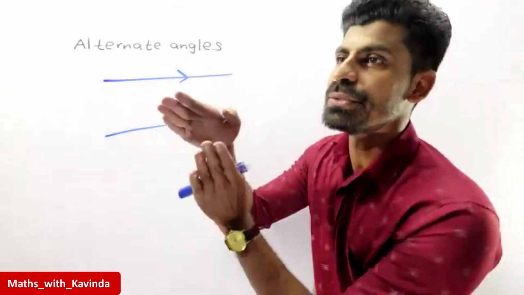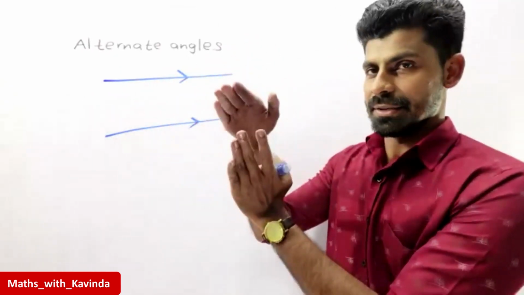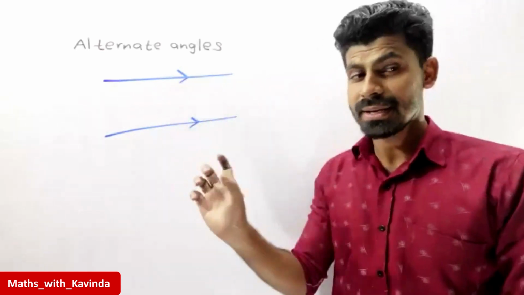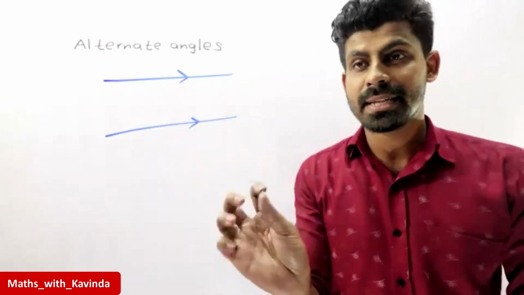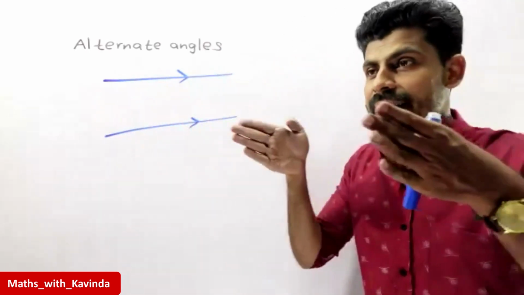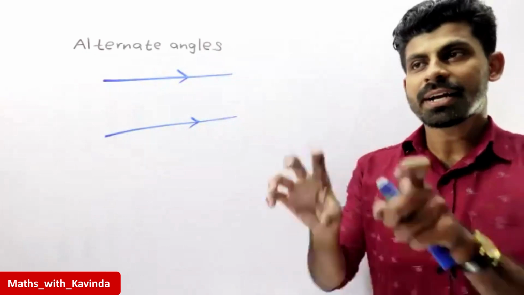If you can see two parallel lines, this is the parallel mark. What is the meaning of parallel? That means equal gap. They are never intersecting each other.